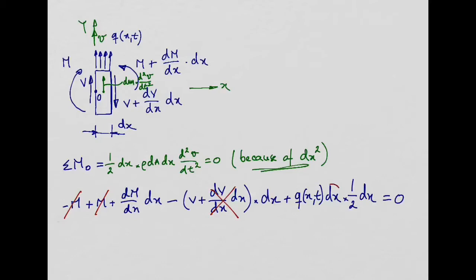Same thing here, I have dx times dx, so dx squared again. In an infinitesimal analysis like this, we neglect the squared dx components, so this term is also going to be neglected.